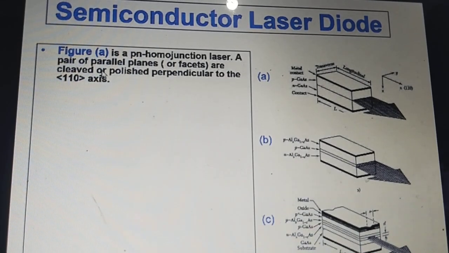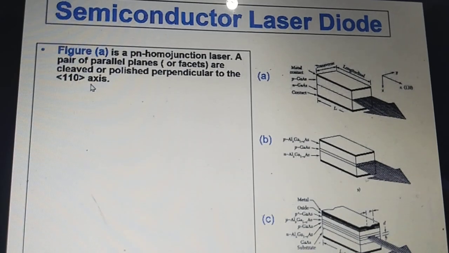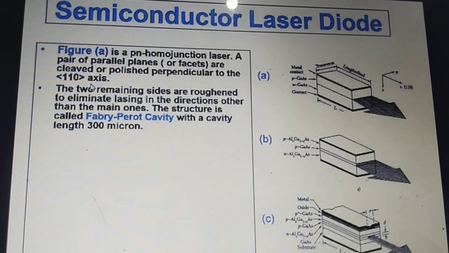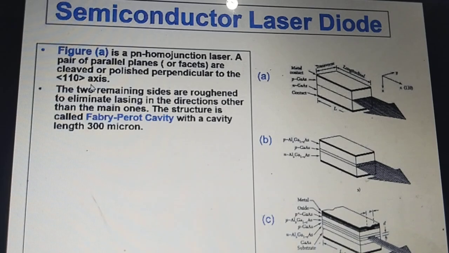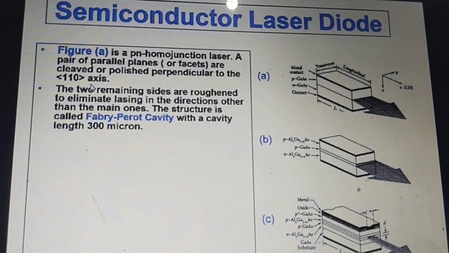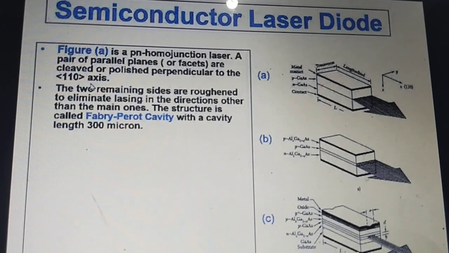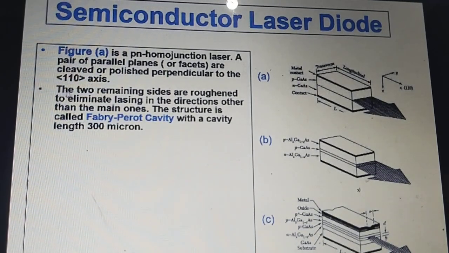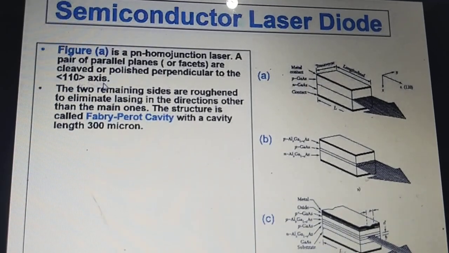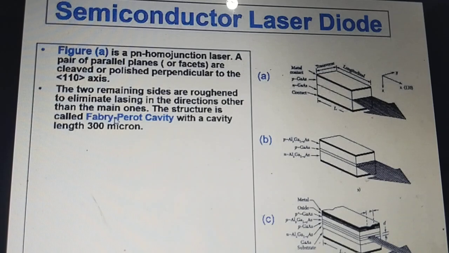A pair of parallel planes are cleaved or polished perpendicular to the 110 axis, which ensures that radiation should come out of this axis, and the remaining sides are roughened to eliminate movement in other directions. So light should not move in other directions, it should be coming out of these parallel 110 planes. And this particular structure is called the fabricated cavity.